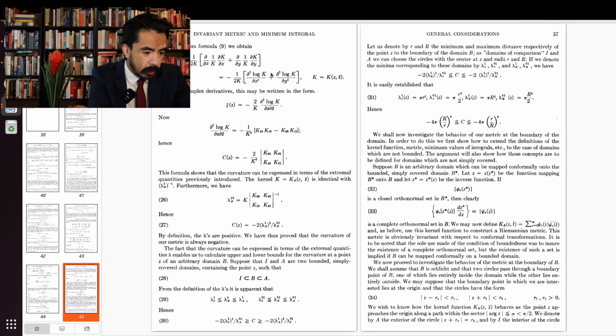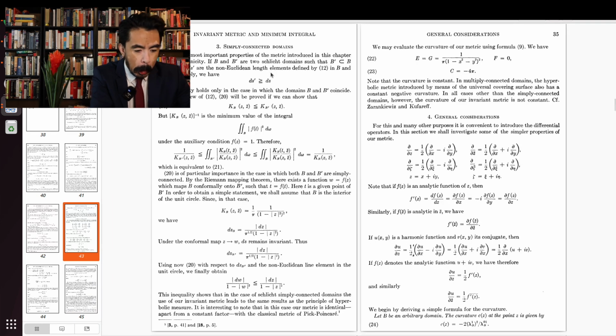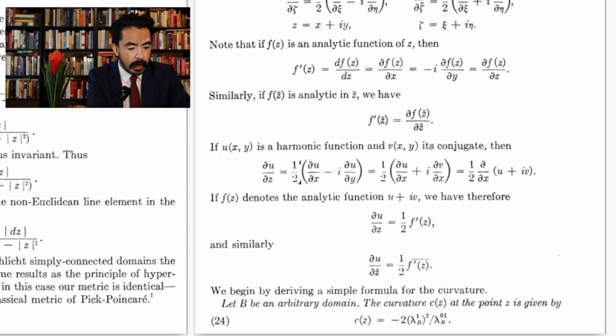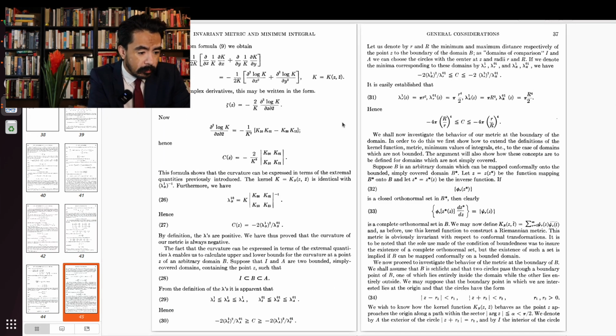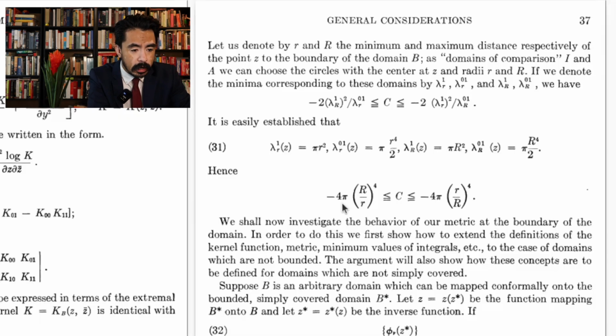So basically, that relation that we were just looking at comes out of, we were looking at, let B be an arbitrary domain. The curvature, lowercase c of z at the point z, is given by c of z is equal to negative 2 times lambda superscript 1 subscript B, then squared over some other lambda, okay, some quotient of, I imagine, eigenvalues here, and we crunched through, and eventually after another page and a half, we get our relation here, negative 4 pi.